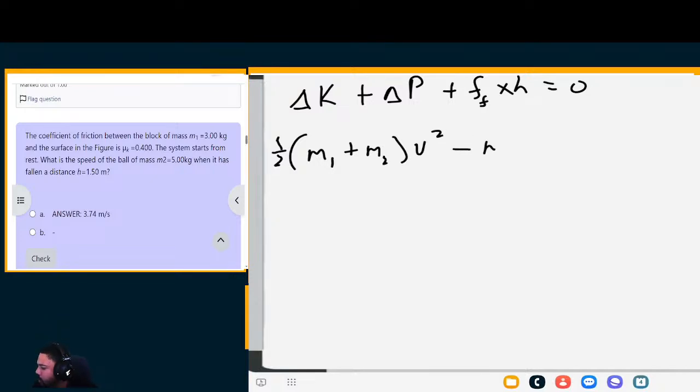Minus, we've already established that the change in the potential energy is m2 gh. And then the work done by the external force, the force of friction, is mu kinetic times the mass of 1, because that's the one going to cause the friction, times the gravitational acceleration, and all of that should be equal to 0.